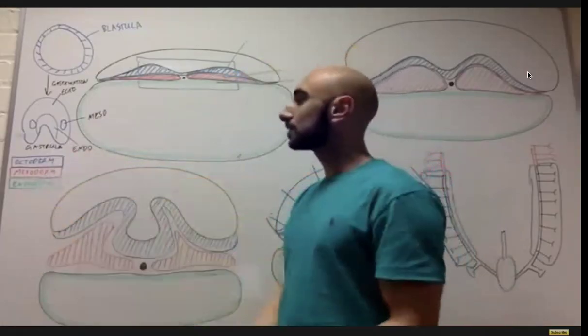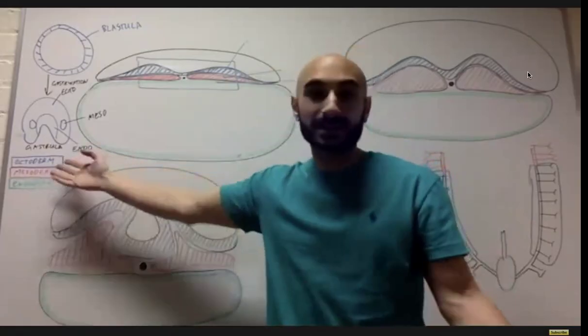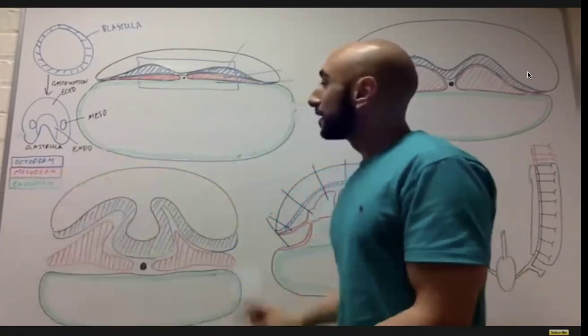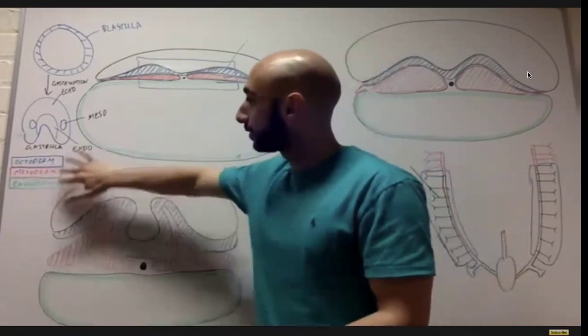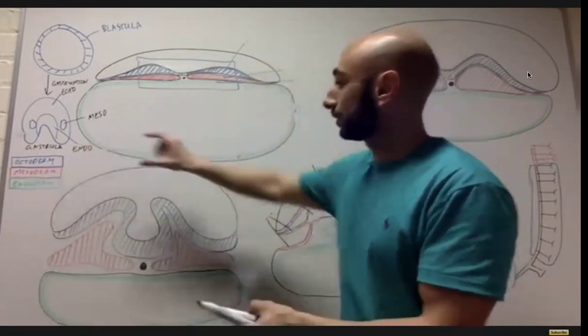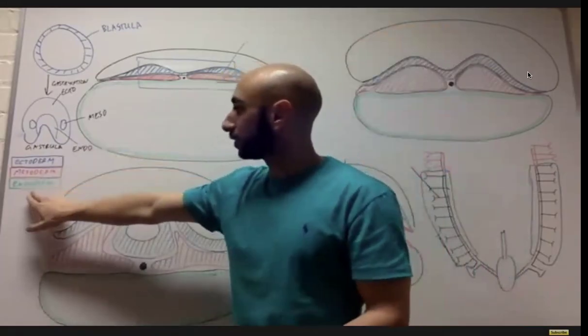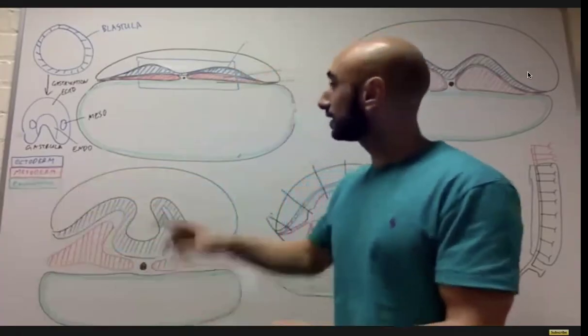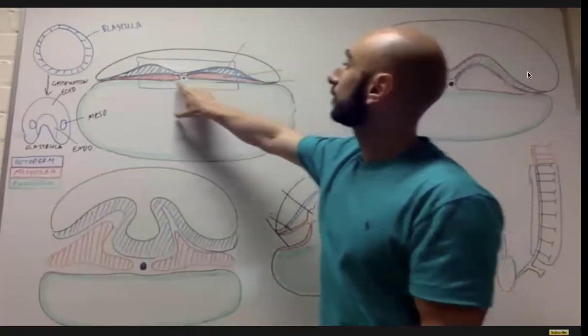But if you've never been exposed to this, you wouldn't have any idea as to what that is, even now. You're probably still looking at this and wondering, what is this? This is a simplification for this. So endoderm, you're looking at it and you're saying, that's the bottom, it's not the inner. But it's the inner in the way that this is what we're looking at right here.